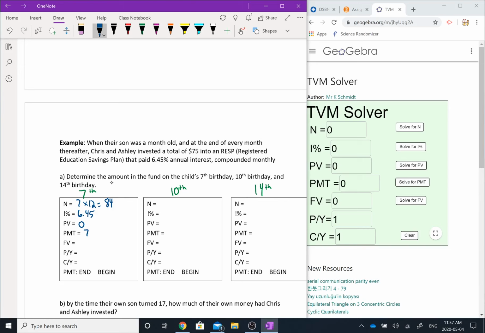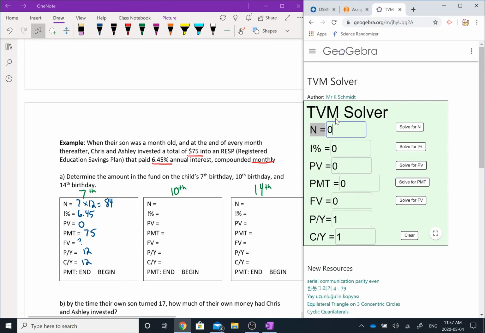Our PMT, or our monthly payment, is $75. Our future value, we don't know, so we're going to leave that blank. Our payments per year is 12 because we're making 12 payments every year, one every month. And the CY is going to be 12 because it is compounded monthly.